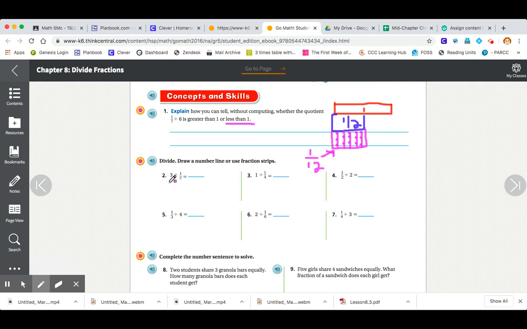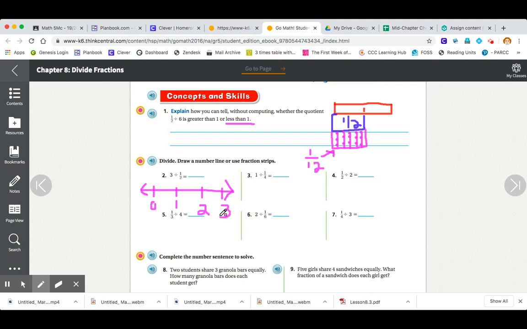Now let's take a look at number 2. I have a whole number 3 and I'm dividing it in half. So I have the whole number 3. Let's take a look at it on a number line. So if I have my number line, I have 0, I have 1, I have 2, and I have 3.